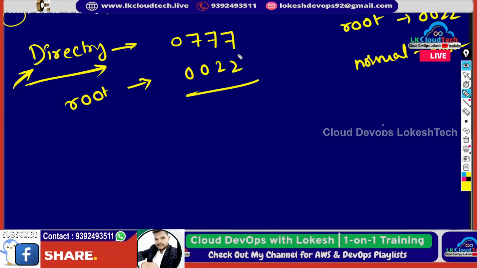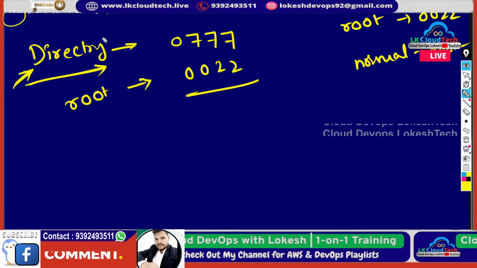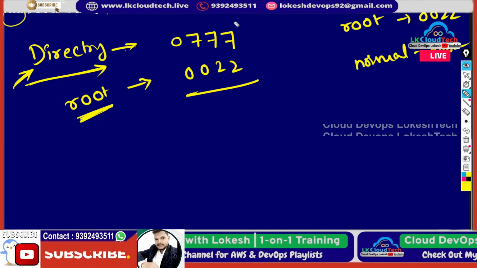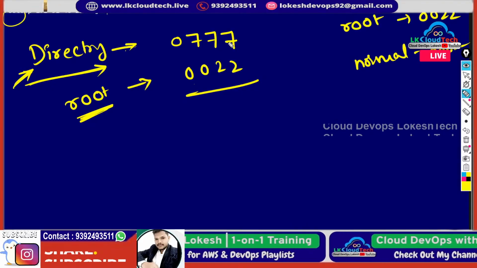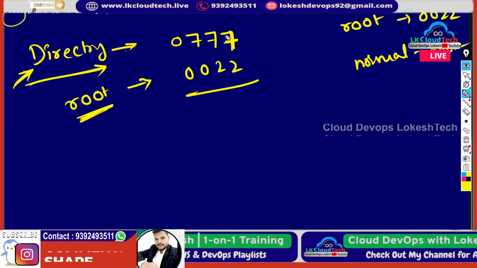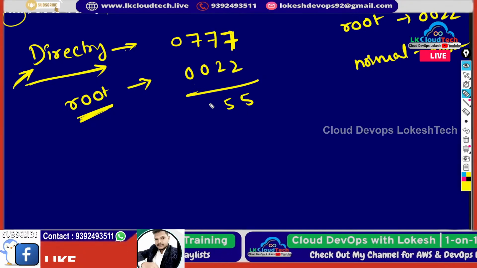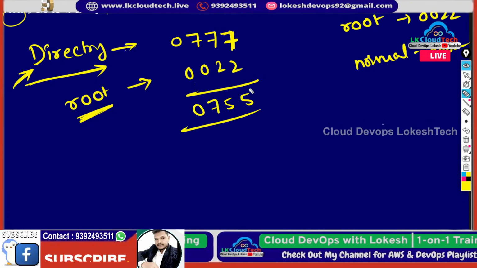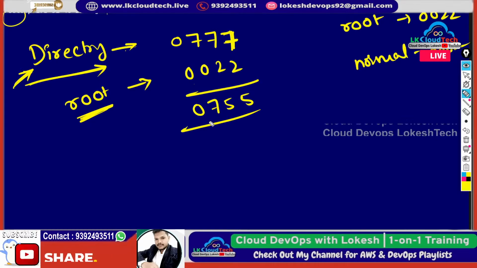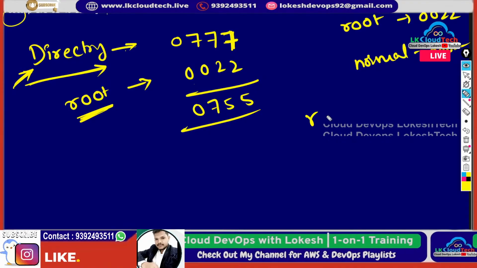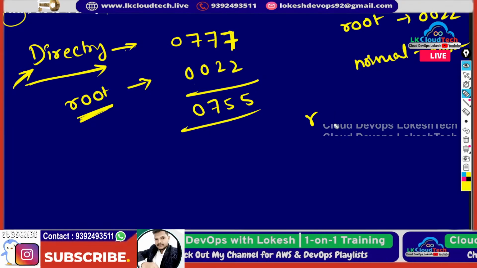Clear? You must subtract the umask value from 777, which gives 0755.